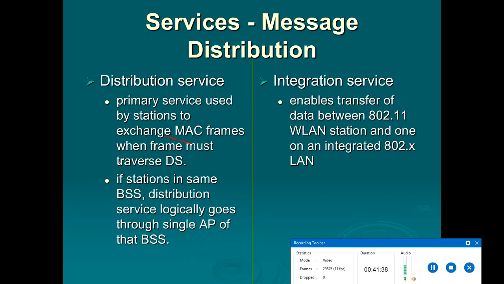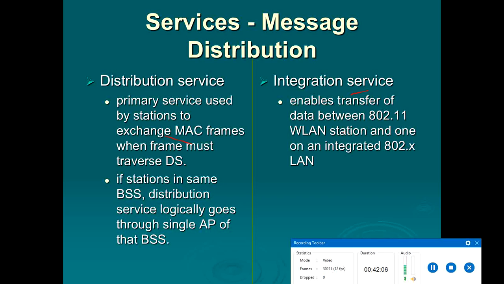If the stations are in the same BSS, the distribution service logically goes through the single AP of the BSS. I already explained this to you. Next is the integration service. The integration service enables the transfer of data between a station on an IEEE 802.11 LAN and a station on an integrated IEEE 802.x LAN.